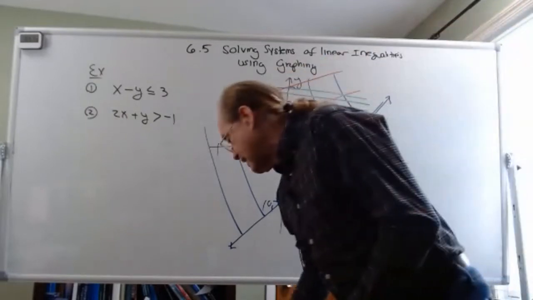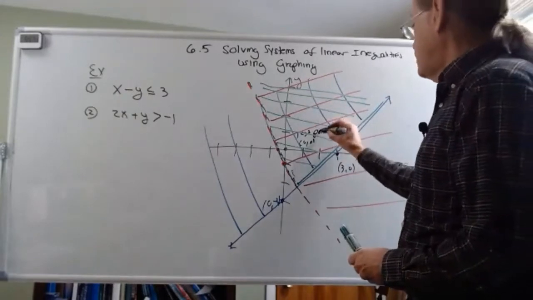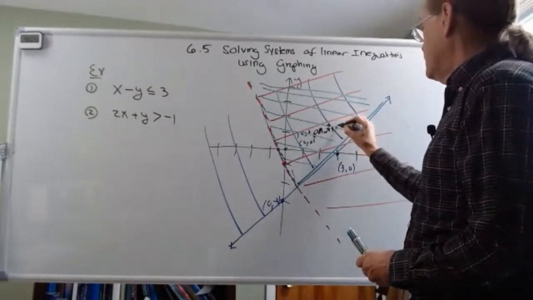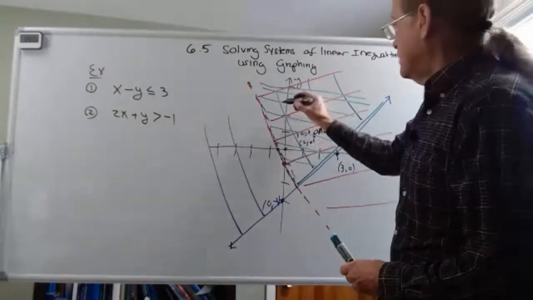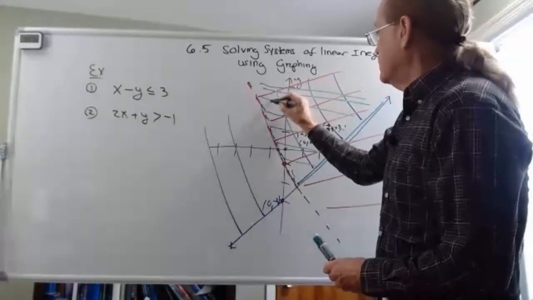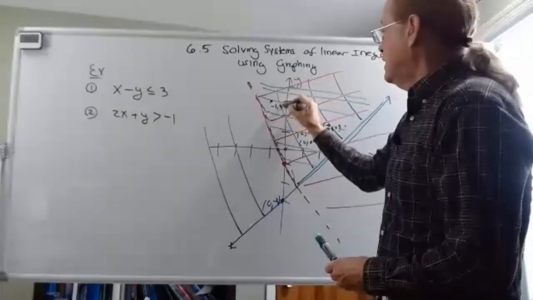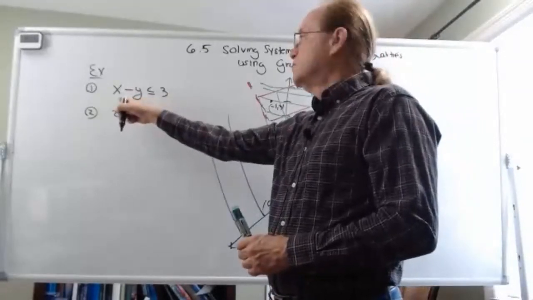You can just validate that if you'd like. I could pick a point over here. Say this point over here is (2, 1). Does that work? And I could pick another point over here, (-1, -3). Let's check them out. Put in (2, 1). 2 subtracting 1 is 1.